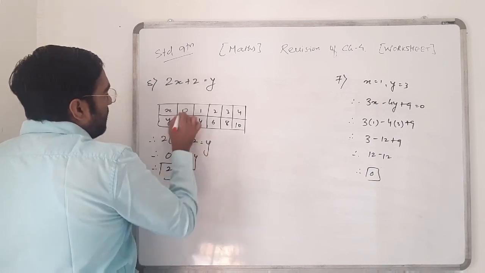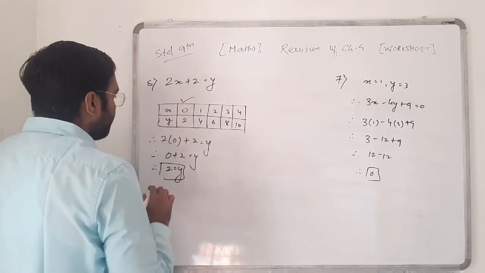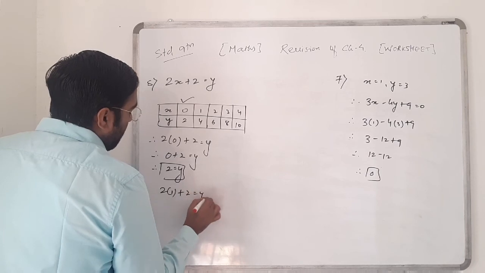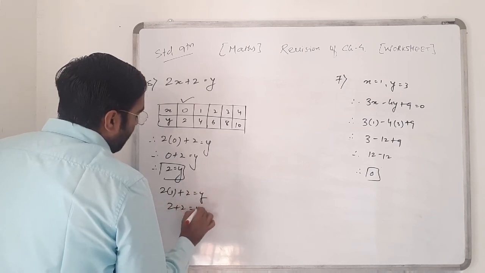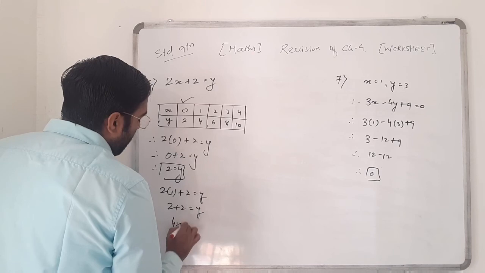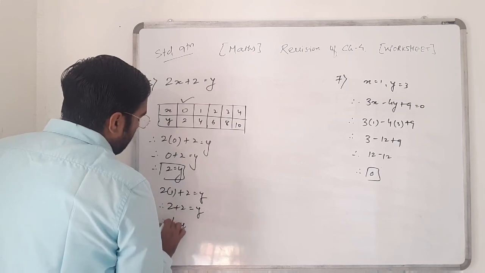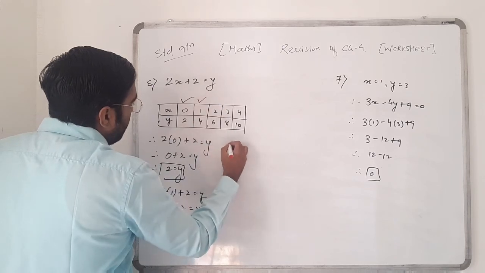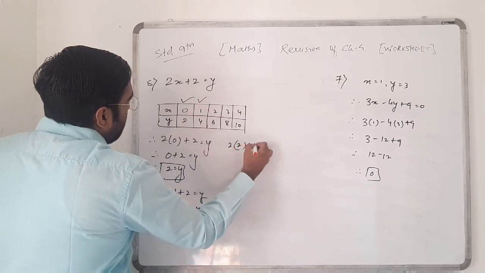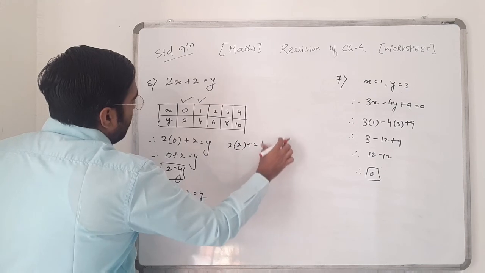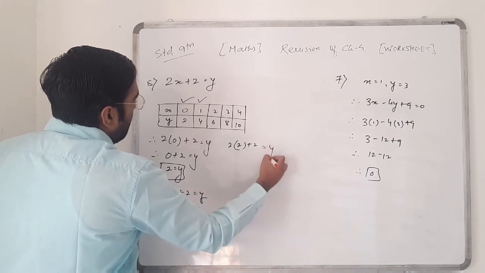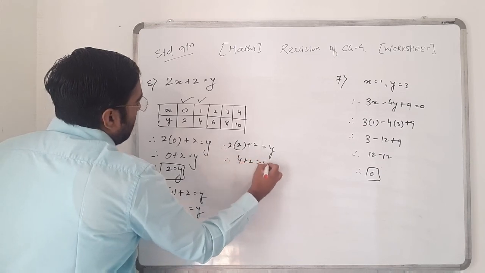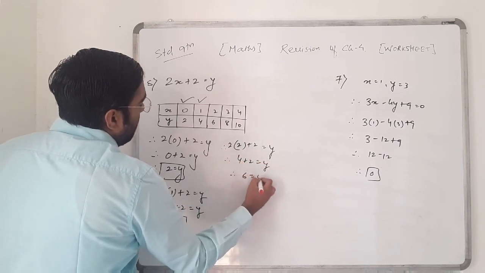So in the first one, the condition is true. 2 into 1 plus 2 equal to y, 2 plus 2 equal to y, so 4 equal to y. In the second condition, my statement is also true. 2 into 2 plus 2 equal to y, so therefore 4 plus 2 equal to y, so therefore 6 equal to y.